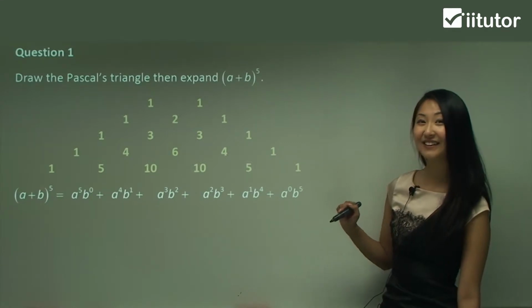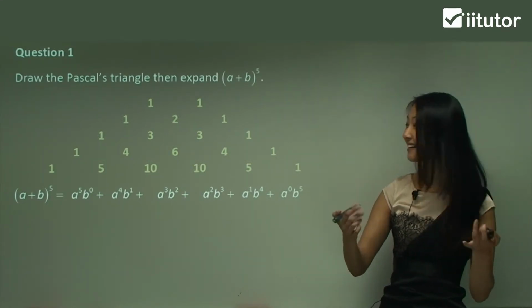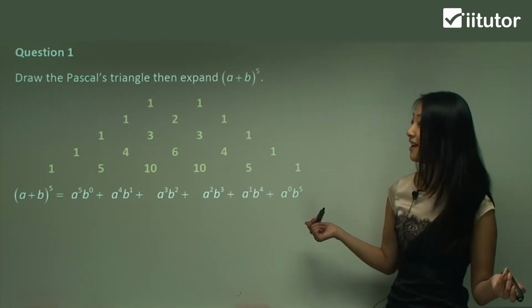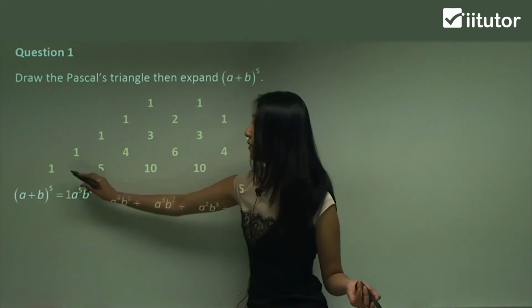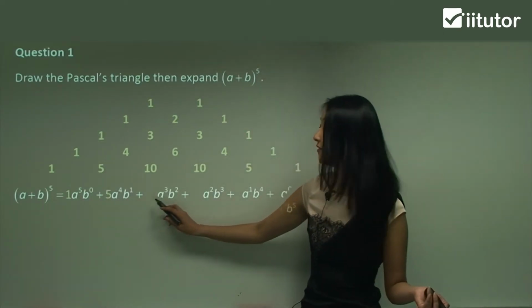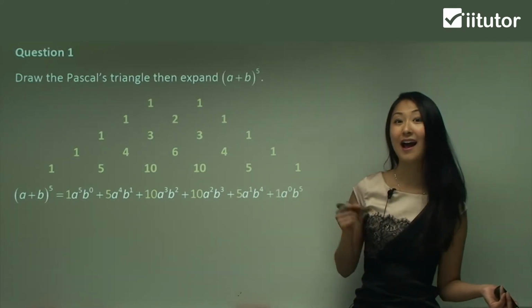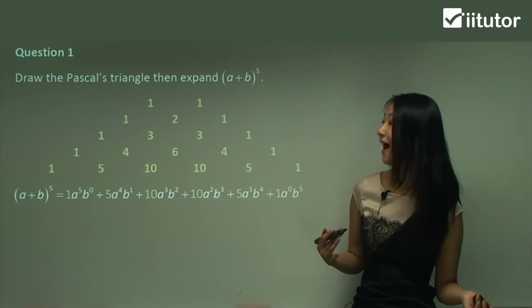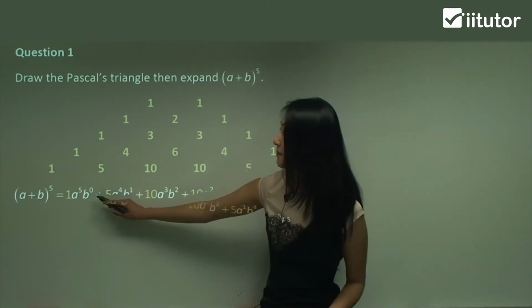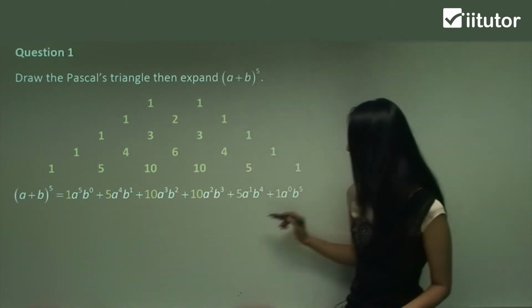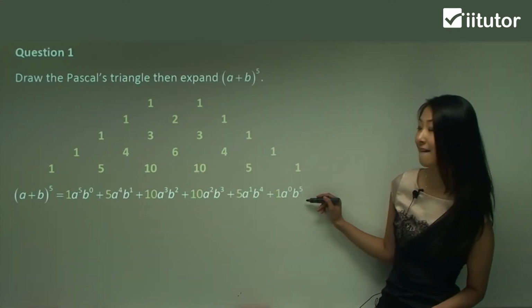All right, good. And the second step was, excellent, yeah, just put in the coefficients. So super simple. 1 goes there, 5, 10, 10, 5, 1. And then lastly, simplify it. So that just becomes a to the power of 5, right? And this will just become b to the power of 5.